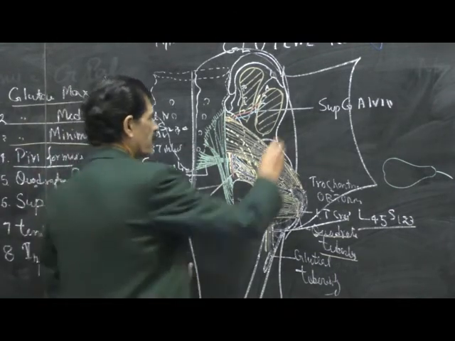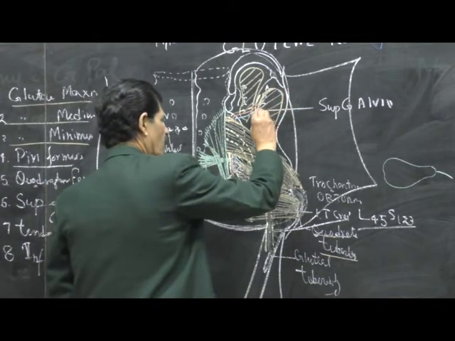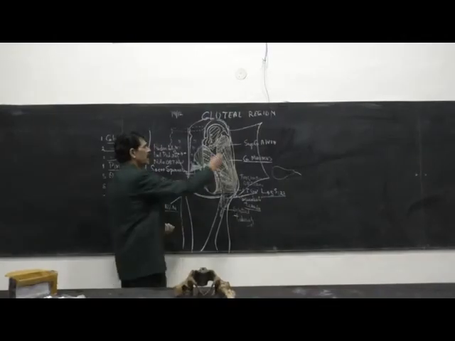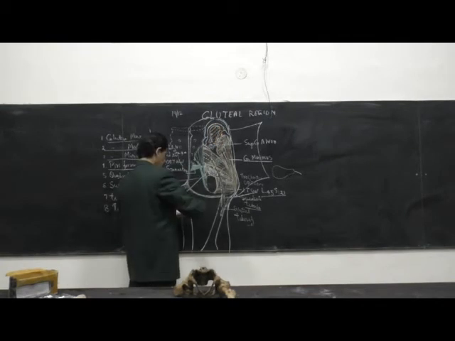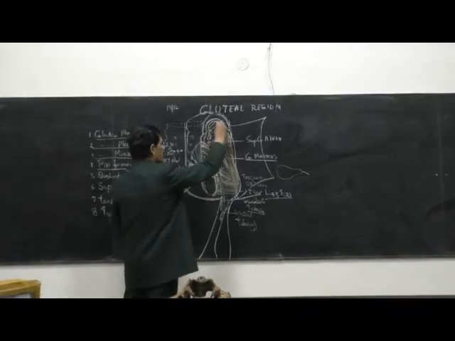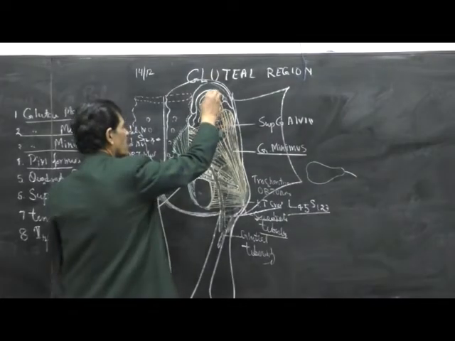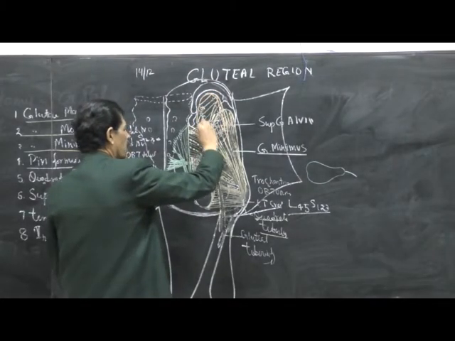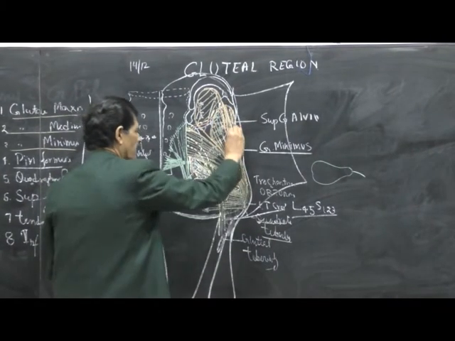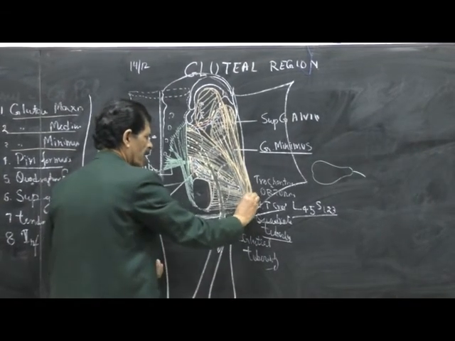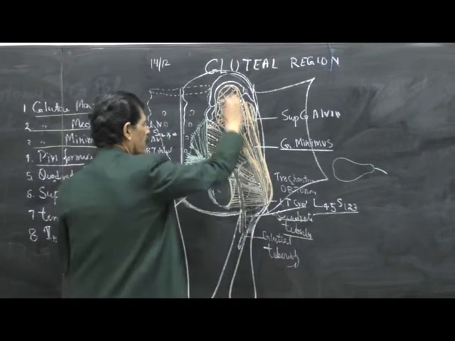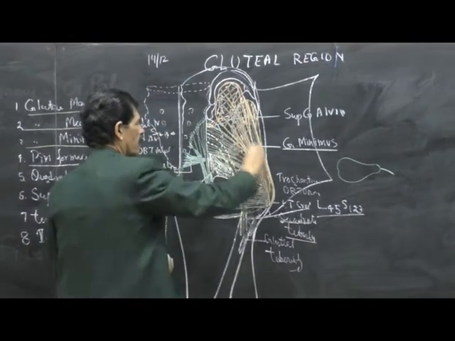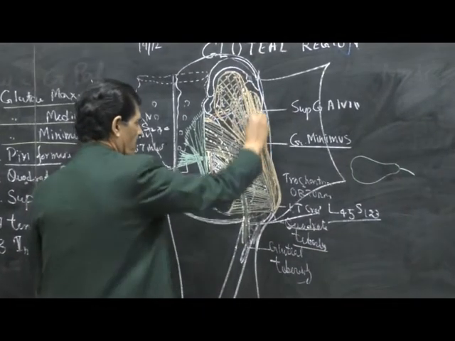So the gluteus minimus muscle runs downward. The medius muscle, from its origin, runs over the minimus muscle, overlapping it, and then is inserted over the lateral surface of the greater trochanter. The lateral surface of the greater trochanter is the gluteus medius insertion.